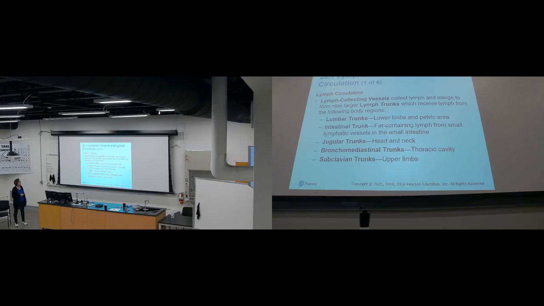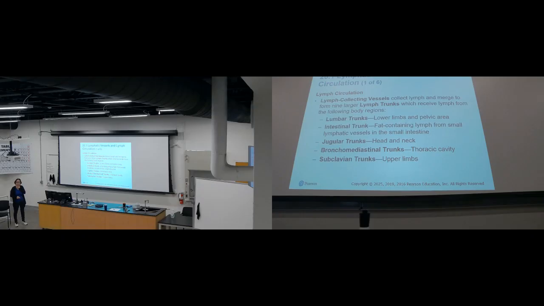Lumbar trunks are located inside our abdominal cavity in the lumbar area. They pick up the lymph from the lower limbs and the pelvic area. Intestinal trunks receive the lymph from the small intestines. This lymph is going to be rich in lipids.